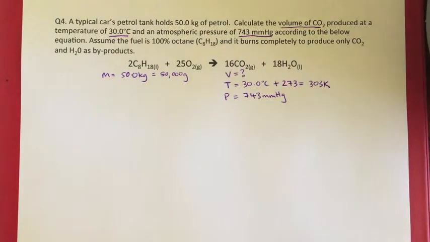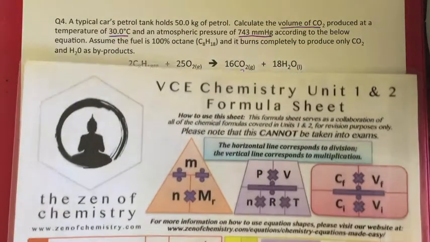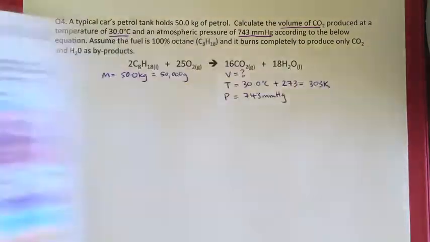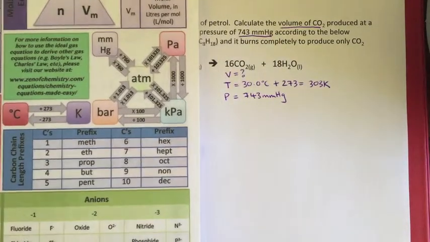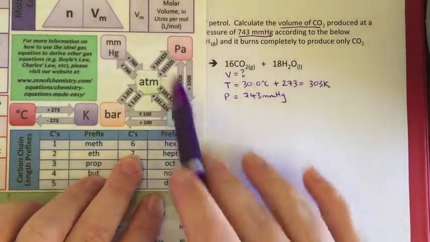We're going to convert this straight away again. We want to get into kilopascals because when we use PV equals nRT, we need it in kilopascals. So we need to go via atmospheres. On our nifty Unit 1 and 2 formula sheet, if I flip over here, I have a little conversion chart.